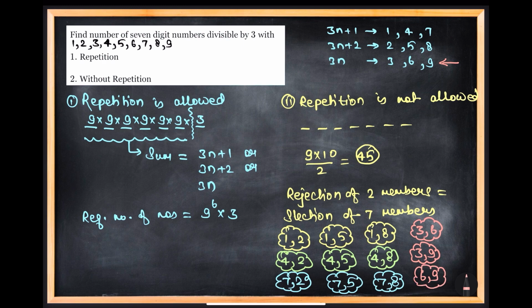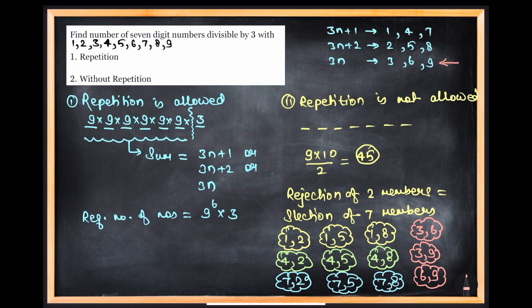Okay, so these are all the cases from where you can remove two numbers such that the remaining numbers end up being divisible by 3. How many cases did we get? We got 12 situations. So there are 12 ways to select 7 members out of the given 9 members in such a way that the number is divisible by 3.